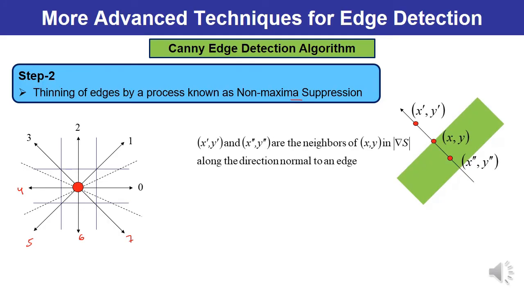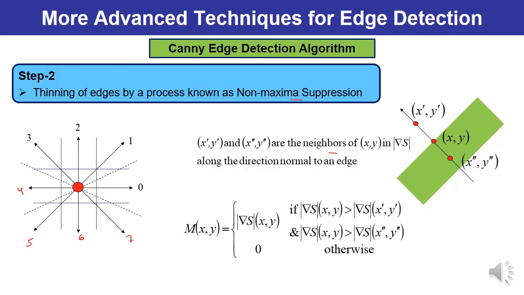In this diagram, you can see x1, y1, x dash, y dash and x double dash, y double dash. These are the neighbors of xy. You can calculate delta S along the direction which is normal to the edge, and then calculate the magnitudes. Mxy is calculated on the basis of delta S, x dash, y dash and x double dash, y double dash.